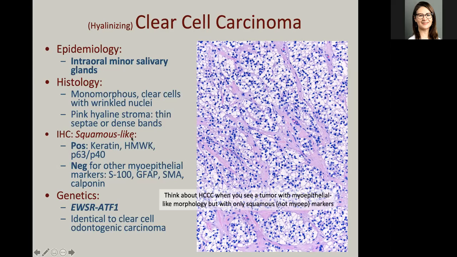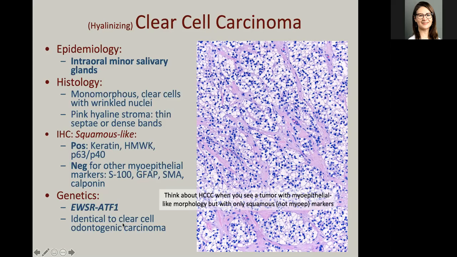These stain almost like a squamous cell carcinoma. But when we see something like this, that may be clear, stains like a squamous, but is in a salivary gland type of site, we will think about hyalinizing clear cell carcinoma. This is defined by EWSR1-ATF1 gene rearrangement. So again, genetically unique.